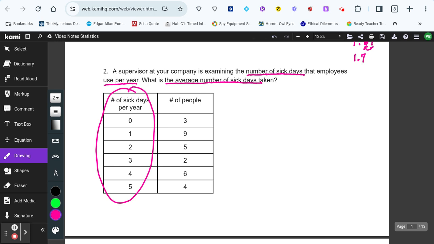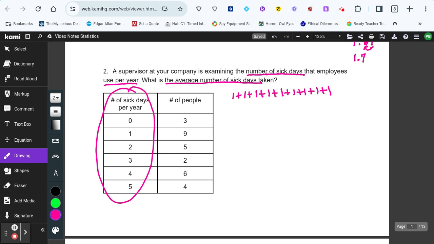So make sure you read this table correctly. So for the year, 3 people didn't take any sick days, but 9 people took 1 sick day. So that's 9 times. And you all should be able to tell me what to do with this. That 1 appears 9 times: 1, 2, 3, 4, 5, 6, 7, 8, and 9.